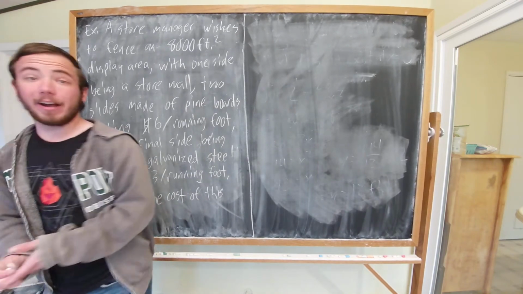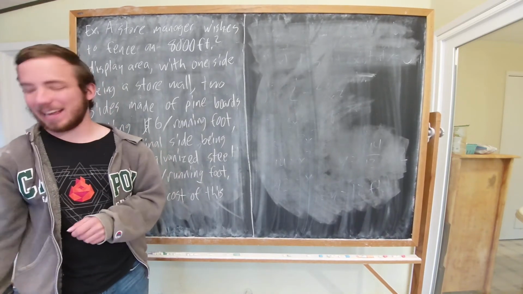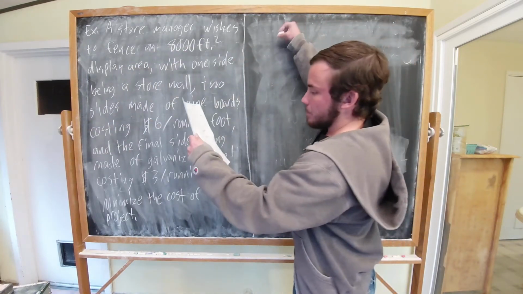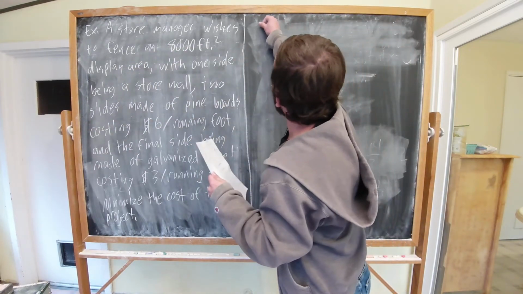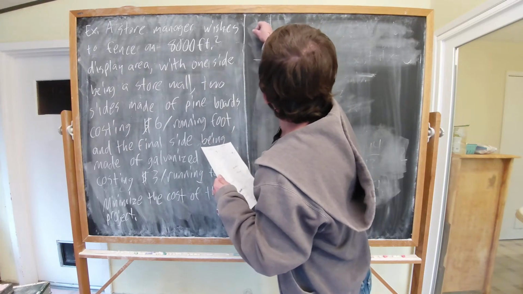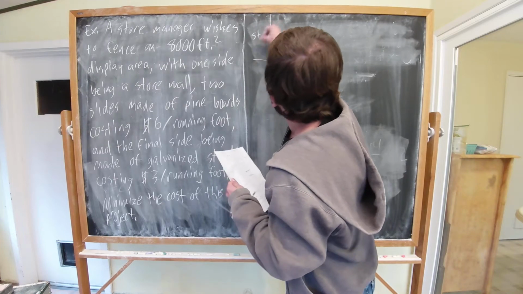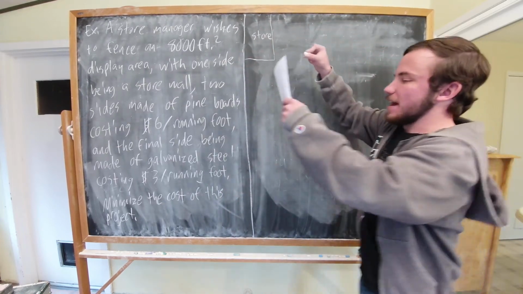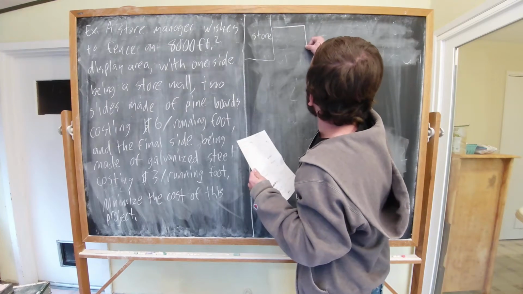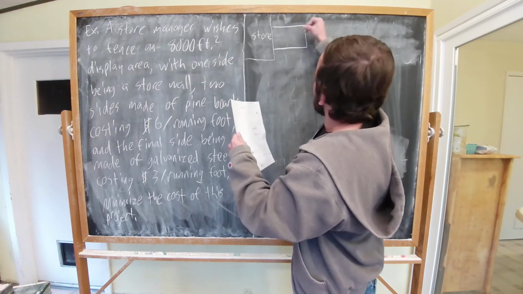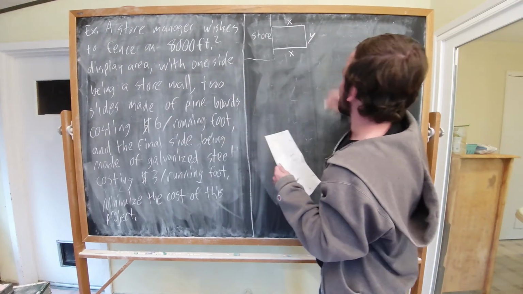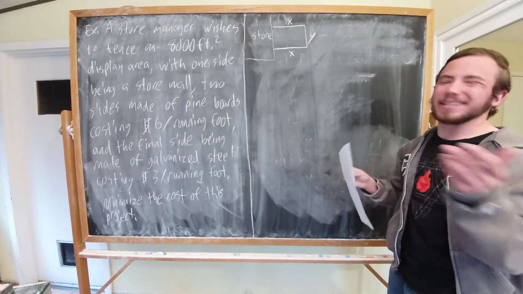And again, very helpful to draw a picture, so let's get that going. Okay, maybe we have our store wall over here. And then alongside that, we'll have our fence, or our display area. So let's label these two sides X, and this one Y. Right? It's a rectangle.